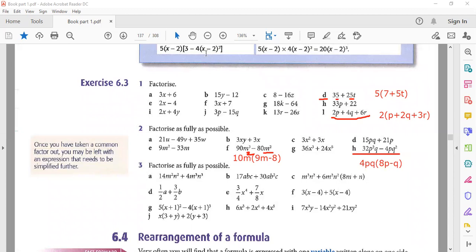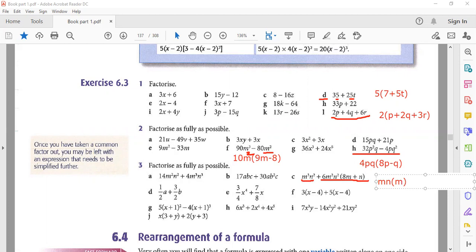Here you can see this is all 1 and this is 1. So I take common the minimum, m square and n square, that both have. Now I write m square n square, and brackets. Once I take m square out, here is only one m left.